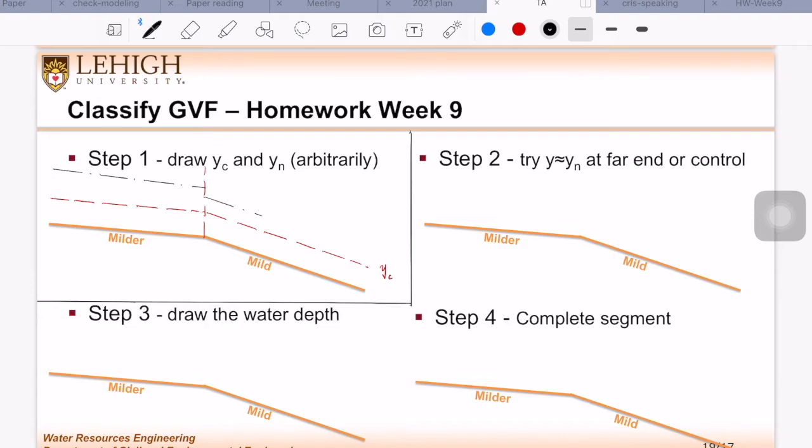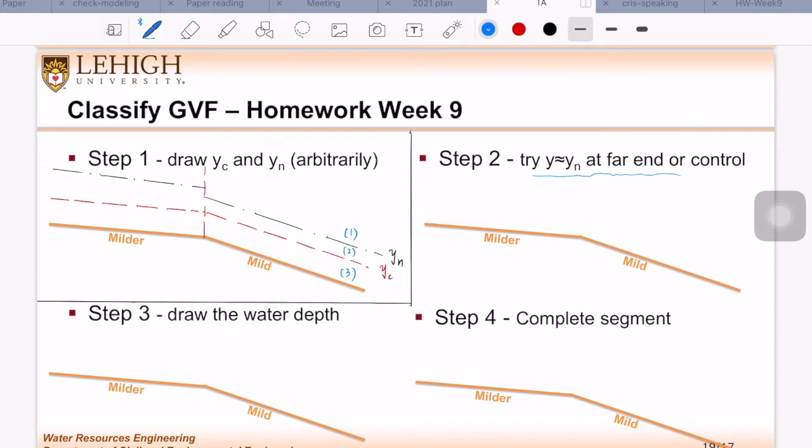So this is Yn, and we know this is section 1, section 2, and section 3. And the second step, we need to try the water depth is approximately equal to the normal depth at the far end.